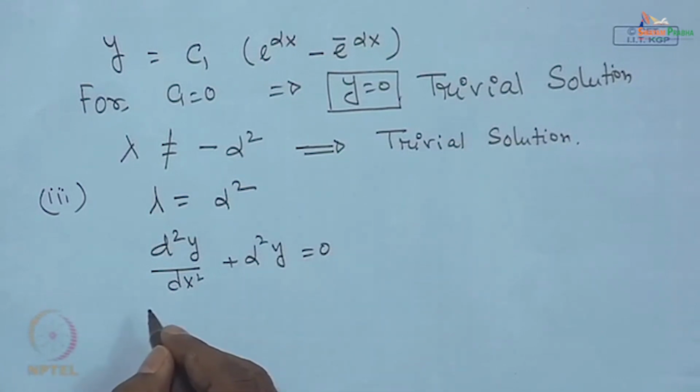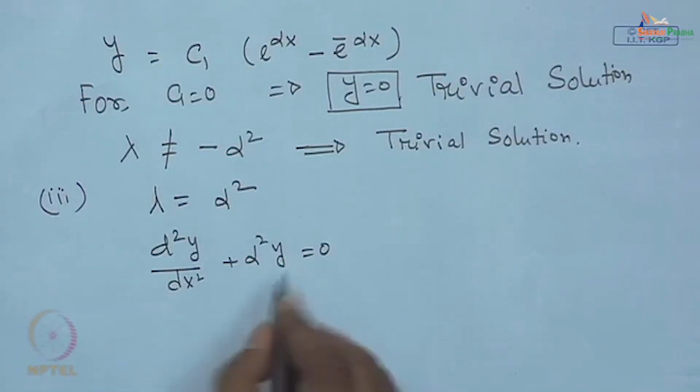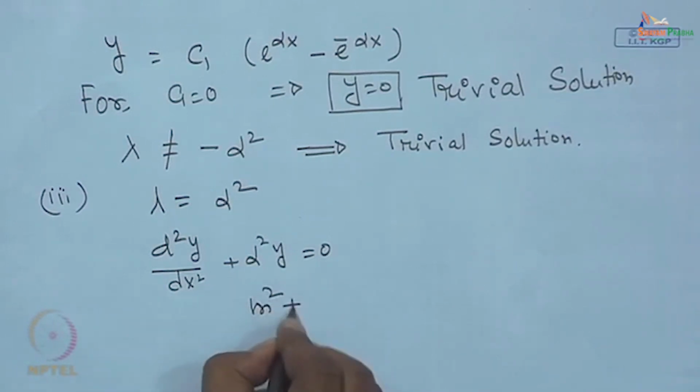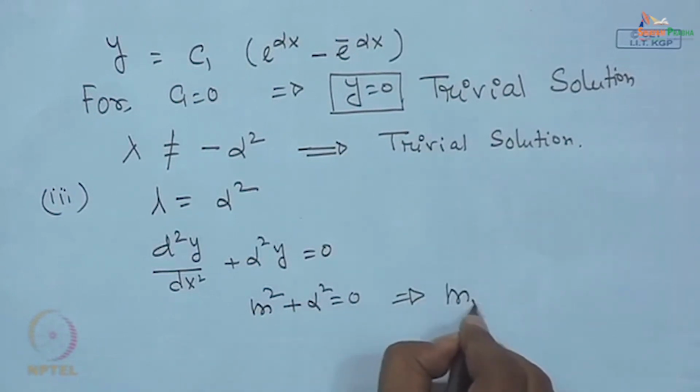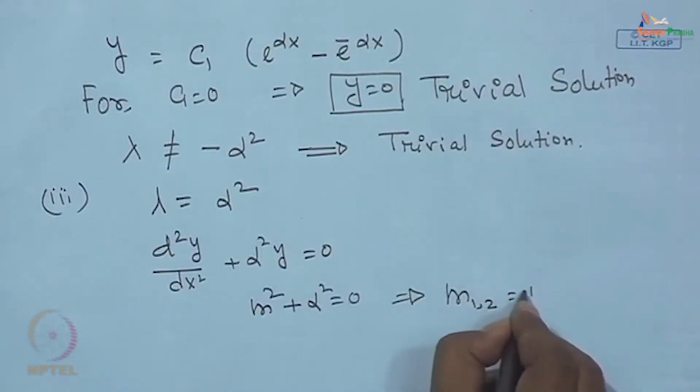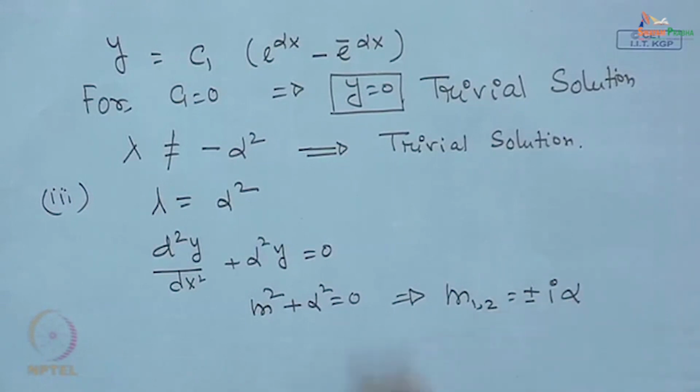Now, we have already seen that the form of the solution will be e to the power m x. So you will get m square plus alpha square is equal to 0, and you will get m equal to plus minus i alpha. So the solution of this equation is a combination of the periodic functions, sine and cosine functions.